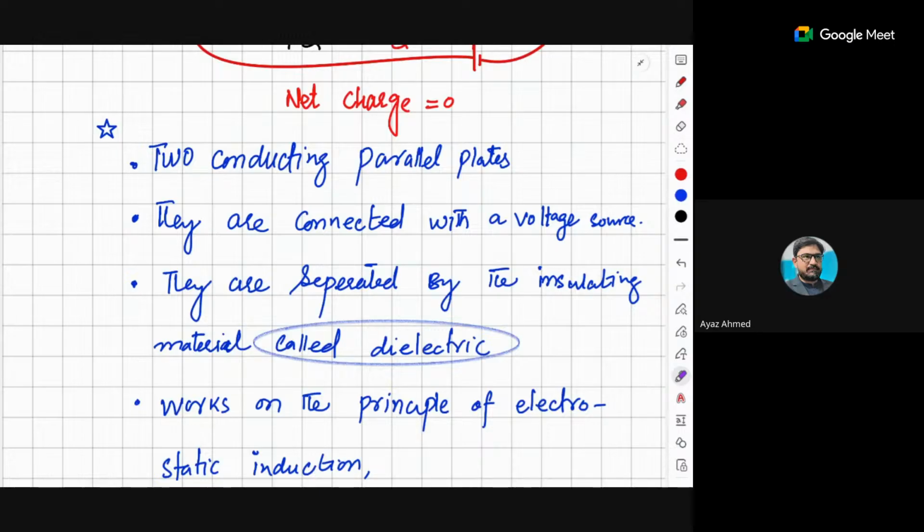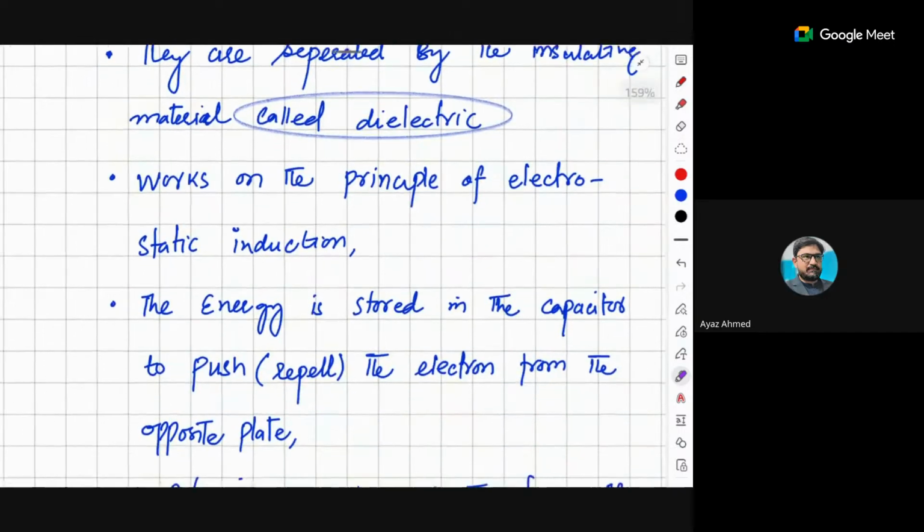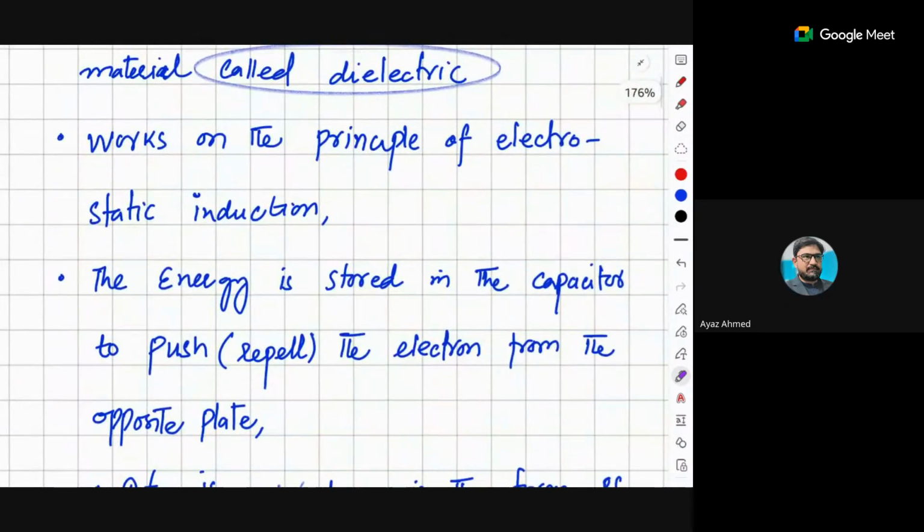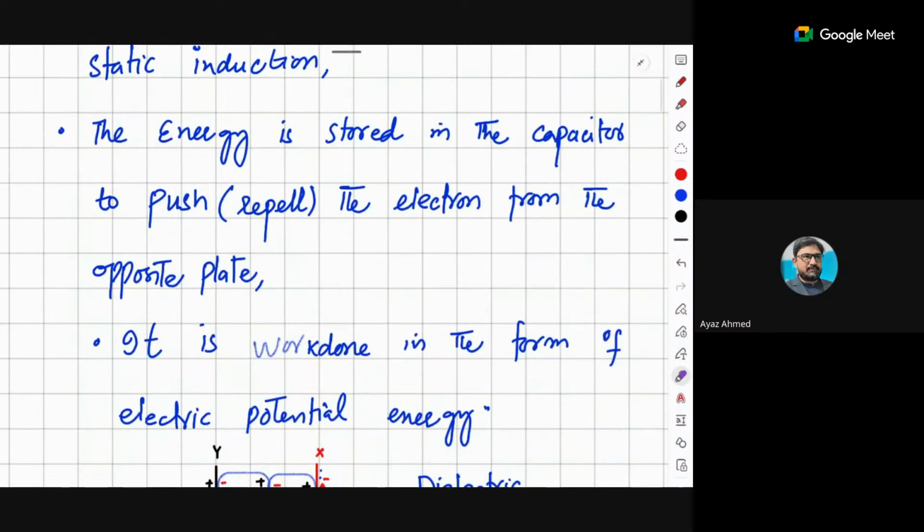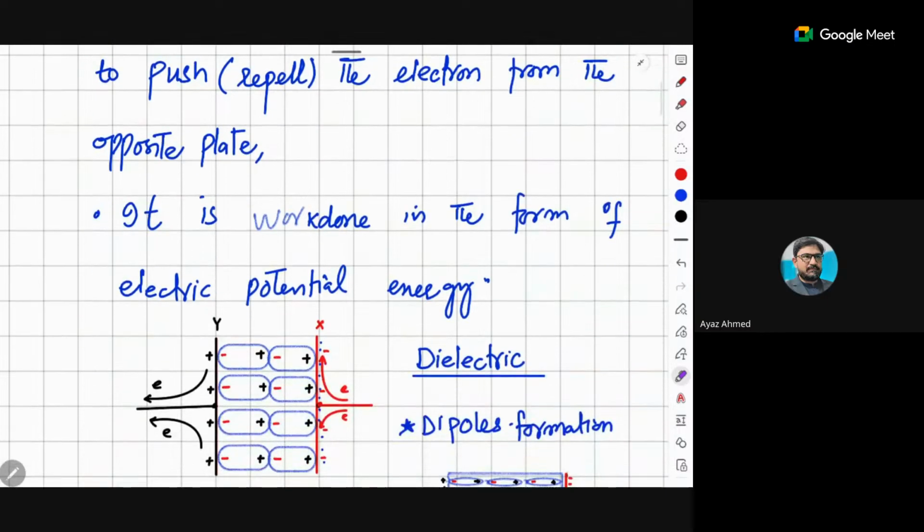Okay, so it works on the principle of electrostatics. I have mentioned all these points one by one, and I'm going to make these points clear. The capacitor works on the principle of electrostatic induction. And energy is stored in the capacitor to push or repel the electrons from the opposite plate, the plate in front of that.